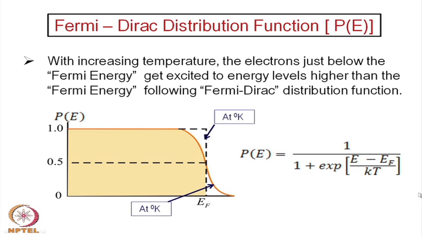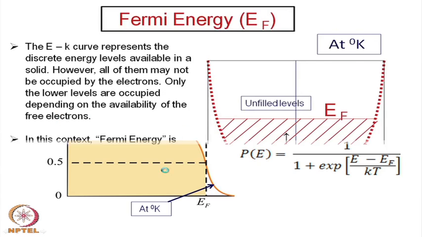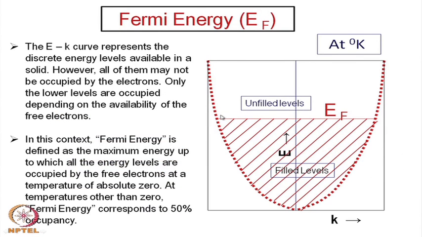Once again, k is the Boltzmann constant and T the absolute temperature, E the actual energy under consideration, and E f is the Fermi energy, which we have seen earlier as this energy. We are plotting this curve in this manner.